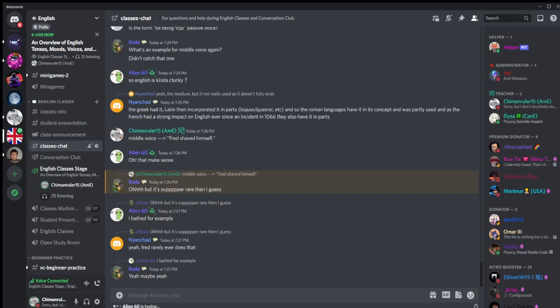But medial passive, I have no idea what that is. Apparently it's both middle and passive, but what the hell is that? I don't know what the medial passive is.